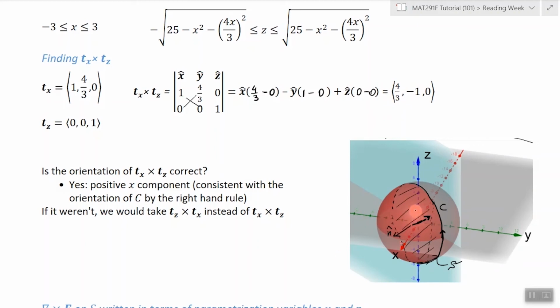So this is what I'm drawing as negative n hat, and we ended up with a vector that's oriented in this direction, right? Is this correct?